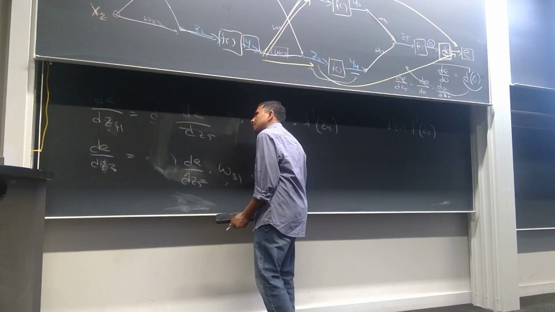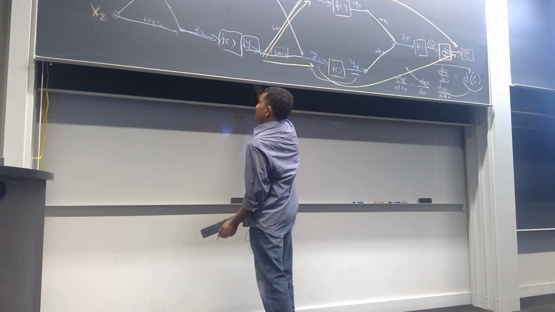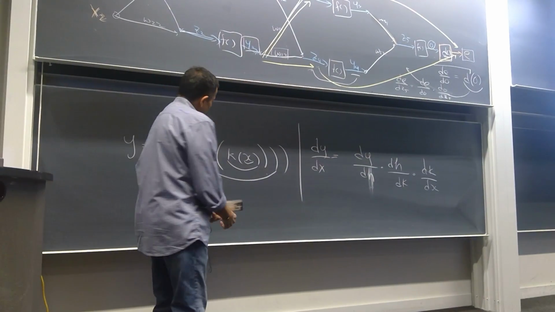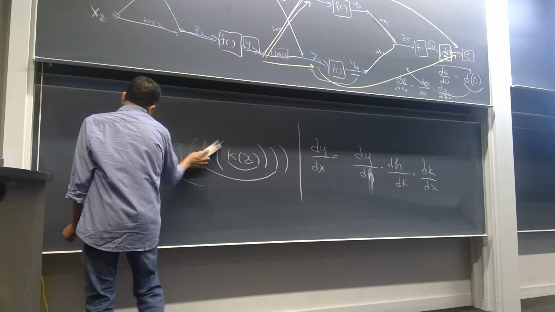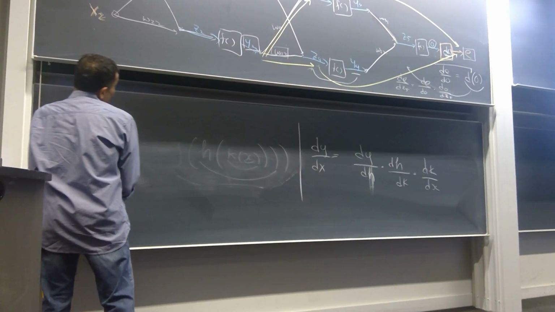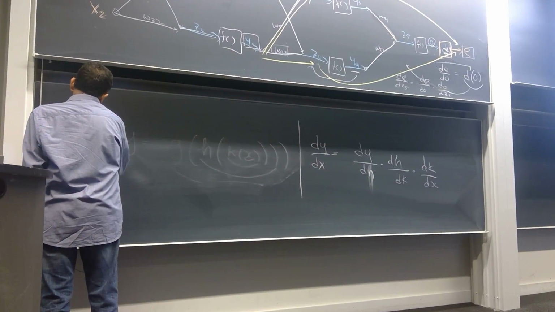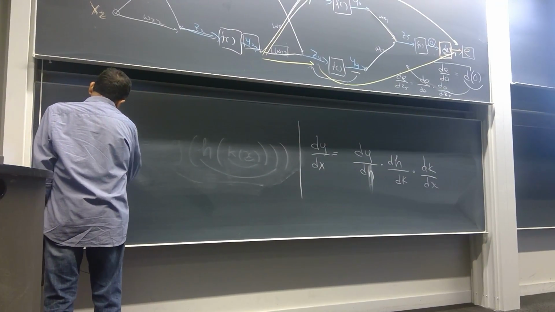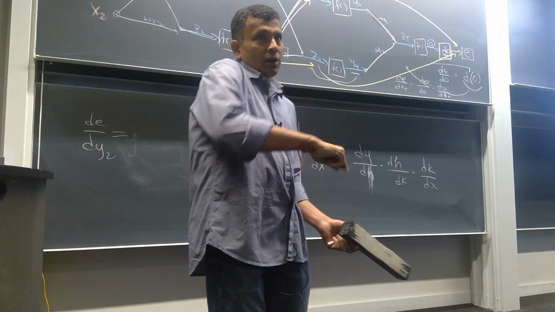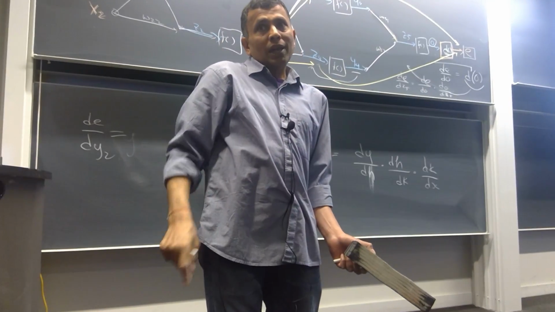So which means if I want to compute the derivative of E with respect to Y2, what is it going to be? It is the sum of two terms, one along each of the two yellow lines, correct?